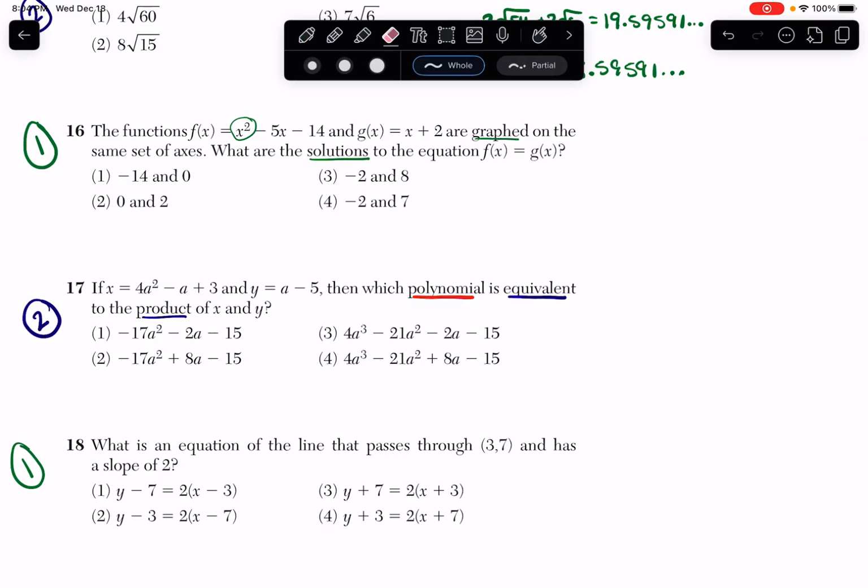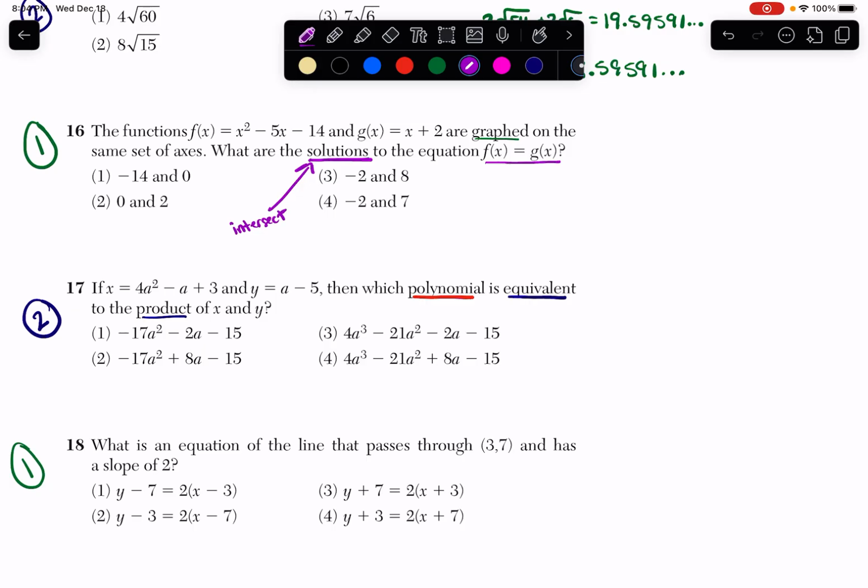16. We have two functions, f of x and g of x. They are both graphed on the same grid. And they ask us what the solutions are to when f of x equals g of x. This is putting together things from a few different units, but we know from systems of equations that solutions happen when two lines intersect, right?